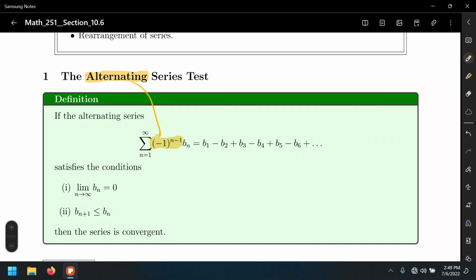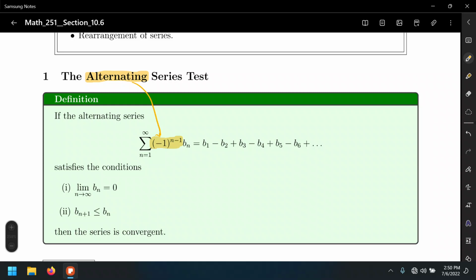The criteria for convergence need to satisfy these two conditions. Number one, the limit of the expression without the alternating factor has to be 0, and we need to show that the next term is less than the previous term. In other words, we need to show that the given sequence is decreasing, essentially.